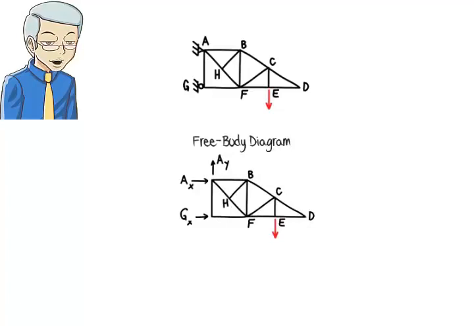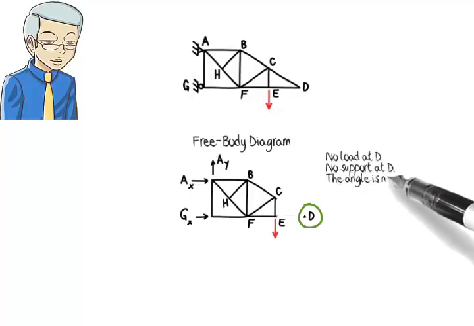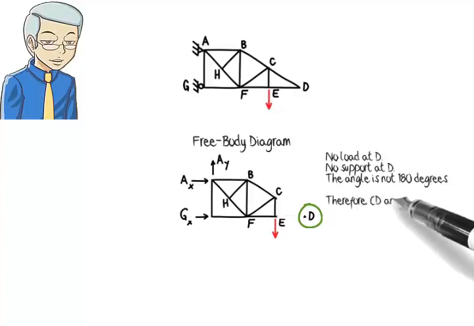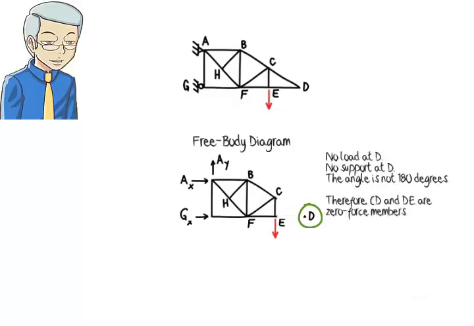Here, Rule 1 applies to joint D. Therefore, CD and DE are zero force members. Also, Rule 3 applies to joint H. Hence, BH is a zero force member.